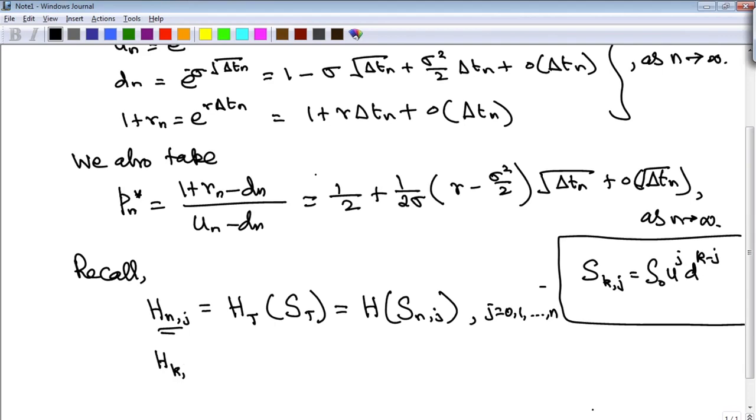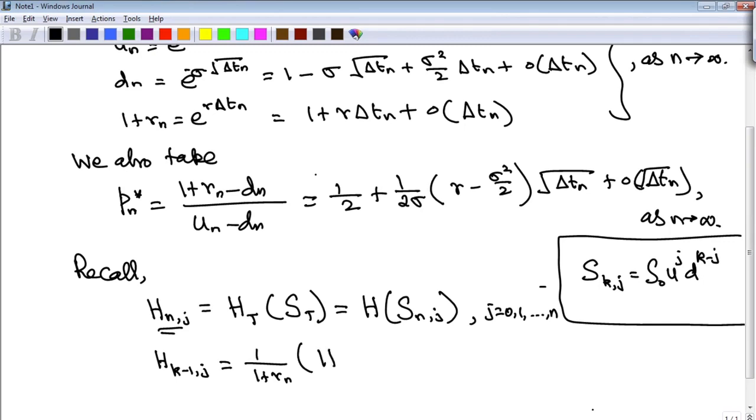At that time the price is given by hk minus 1 comma j, and that is written in terms of hk, because we are doing the backward induction method, and therefore the previous time step depends on the time ahead, and that is given in terms of the expectation.